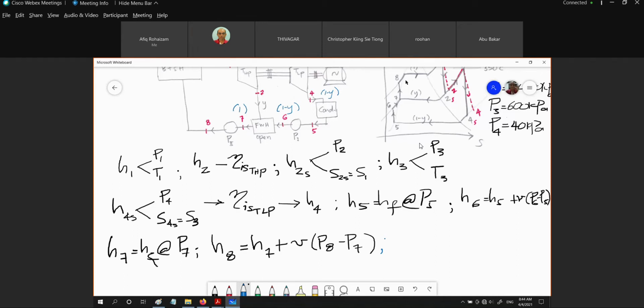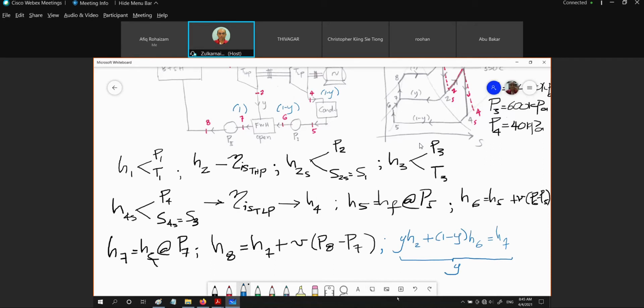If we write the energy balance of the open feed water heater, we get Y H2 plus (1 minus Y) H6, which is equal to H7. This is the equation or the energy balance purposely to get the Y value.